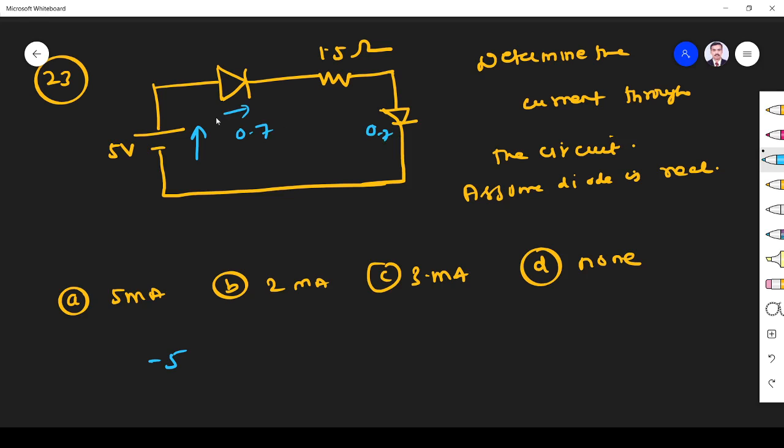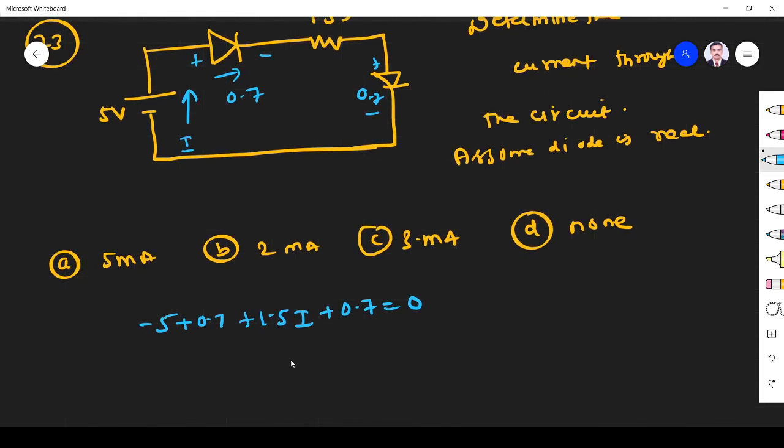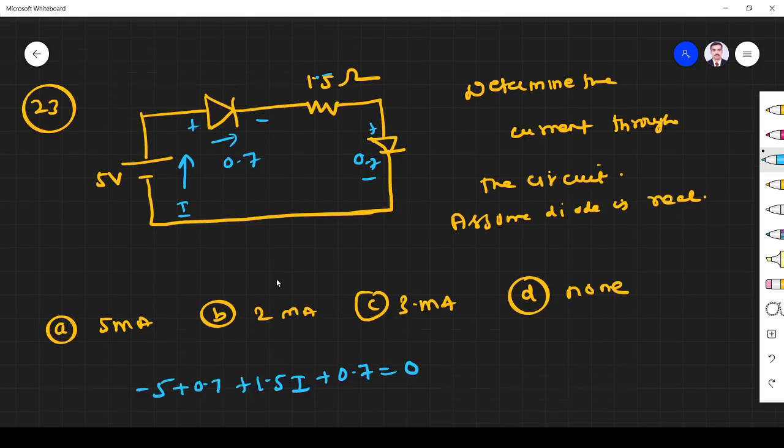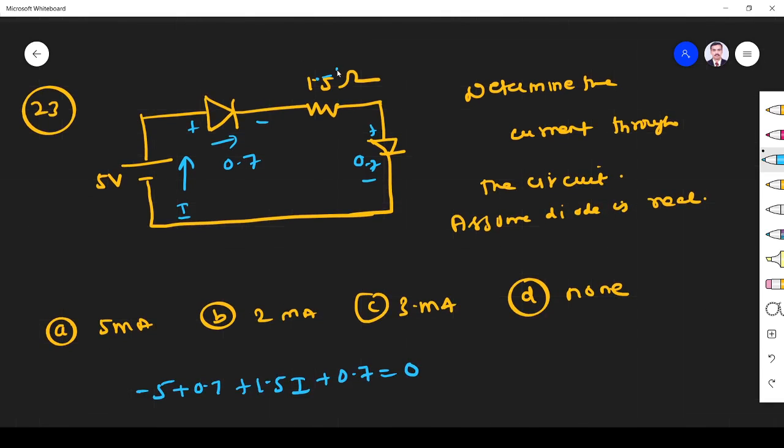Plus 1.5 into I, the current flowing through the circuit is I, plus 0.7 is equal to 0. Please understand it is 1.5 kilo ohm.